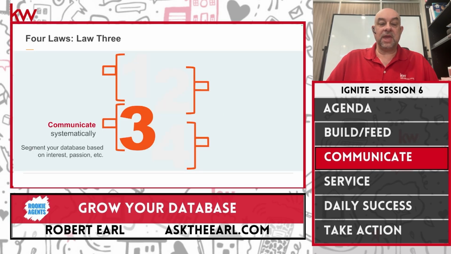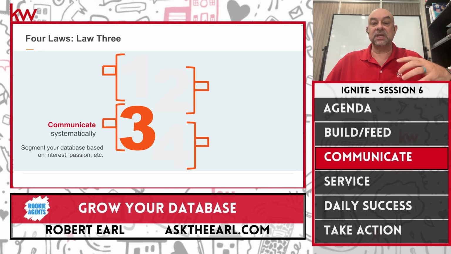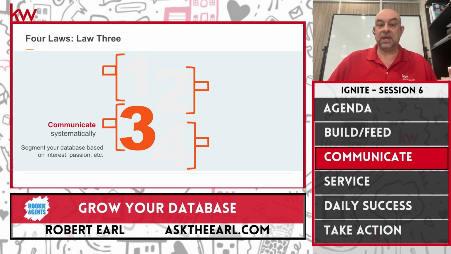So when we communicate with this in a systematic way, the way you communicate with your database will determine whether or not it turns into a lead or contact. We're focusing our attention on relationship building and strengthening our relationships with our contacts, our sphere, and those we have permission to have two-way communications with.